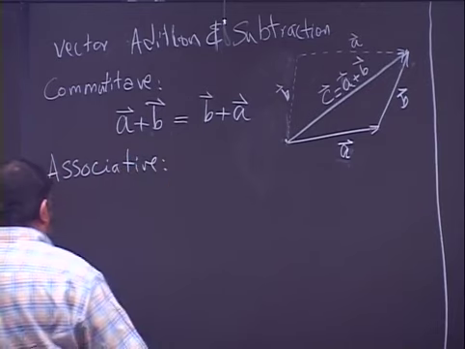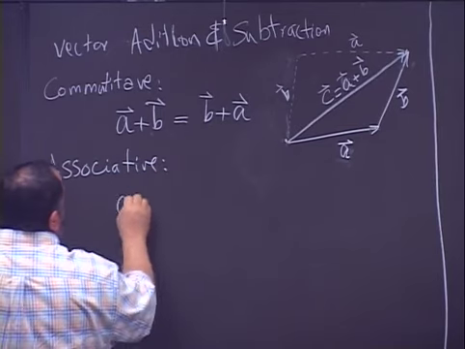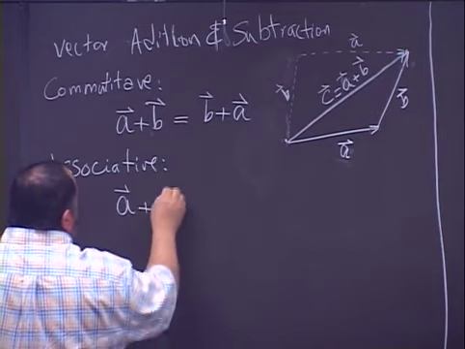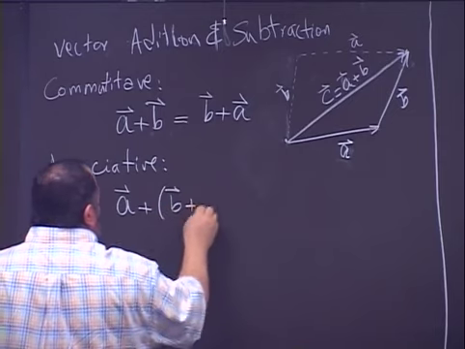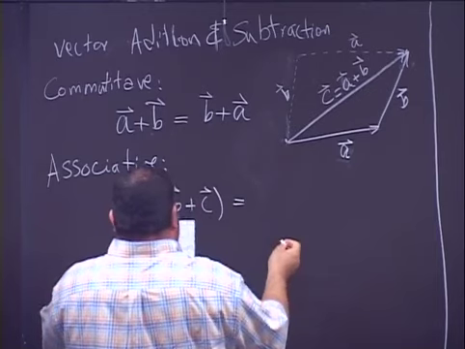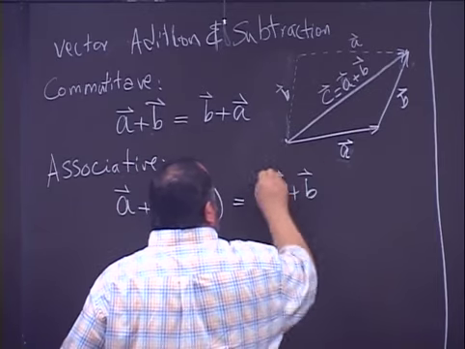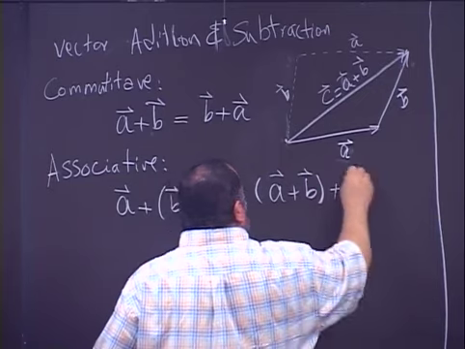And associative means if you have three vectors now, A plus B plus C, you will have the association A plus B plus C, and it is obvious.